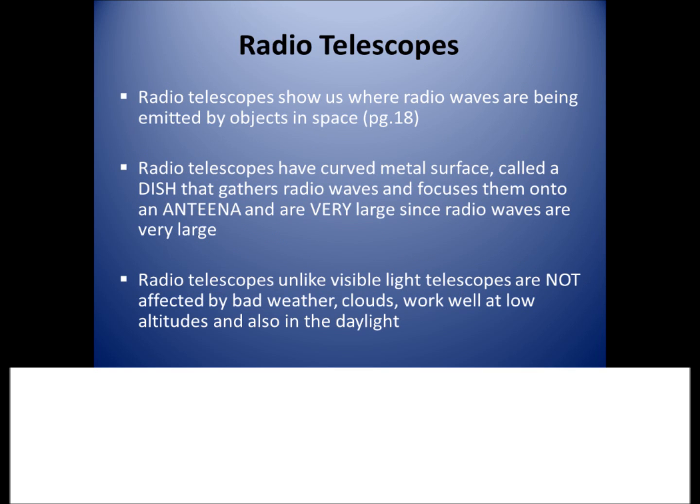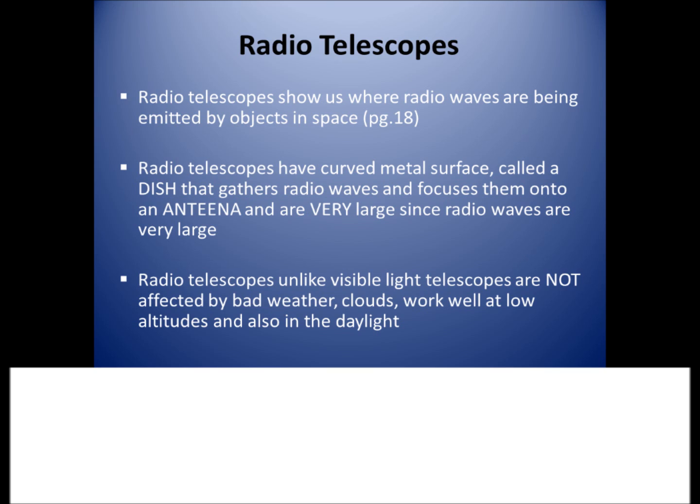If you take a look at page 18, you're going to see pictures of radio telescopes. Radio telescopes are used to detect radio waves that are being emitted by objects in space. I'm sure we have all seen a radio telescope.